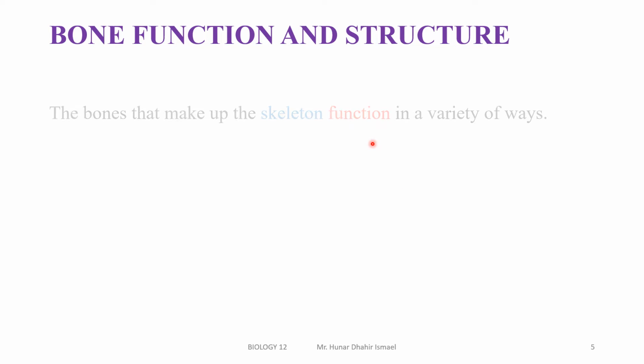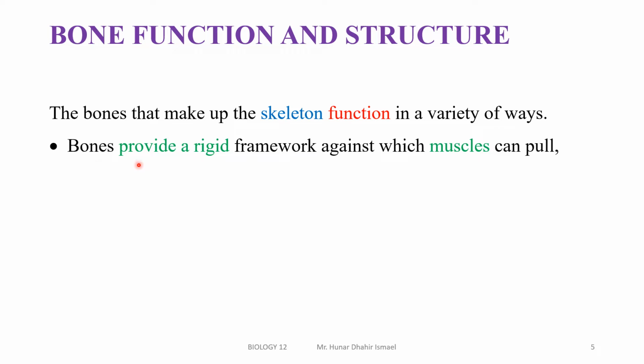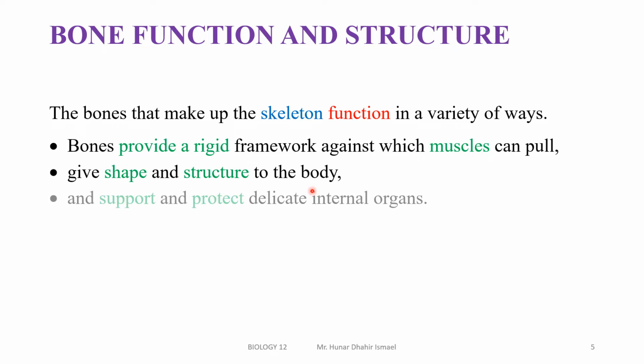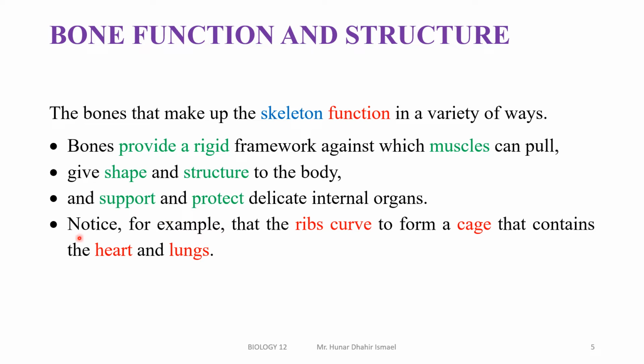Bone function and structure. The bones that make up the skeleton function in a variety of ways. So bones provide a rigid framework against which muscles can pull, give shape and structure to the body, and support and protect delicate internal organs.